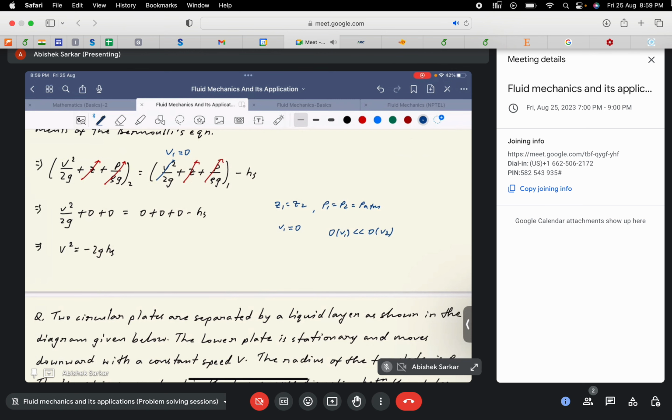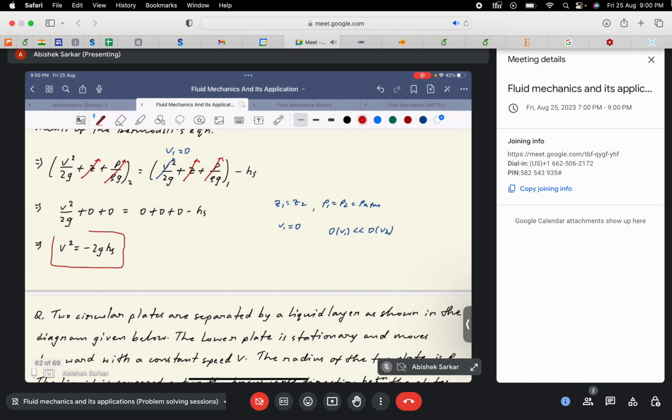Again, now, by the looks of the equation itself, you can clearly say that in the case of fans, hs would be negative. Why? Because g is a positive quantity. V square would be positive because it is a square.